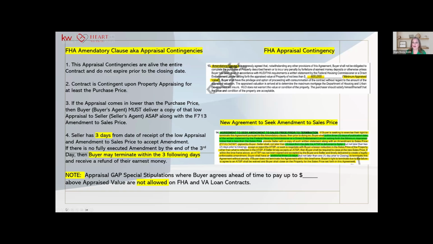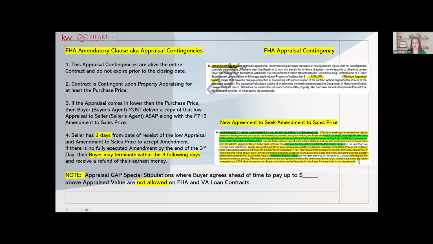HUD does not warrant the value or condition of the property. The purchaser shall satisfy himself or herself that the price and condition of the property are acceptable. That's your standard amendatory clause, aka appraisal language, that is handed down and dictated by HUD, by the Department of Housing and Urban Development.